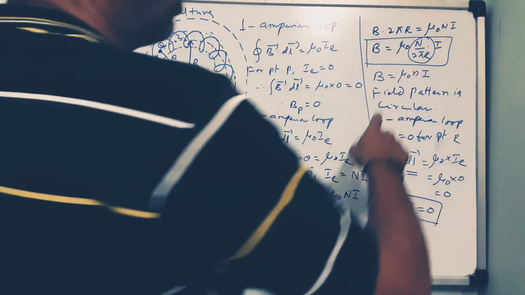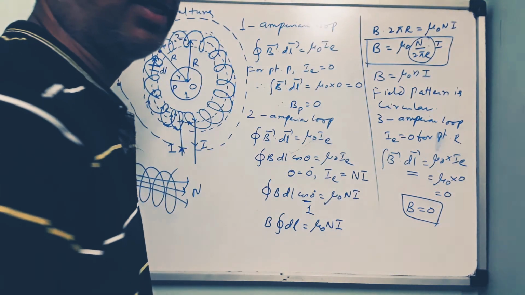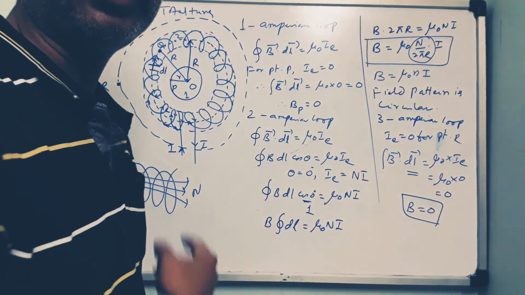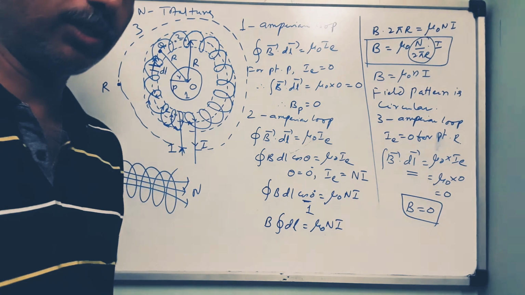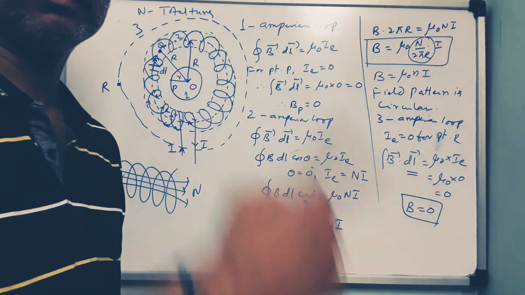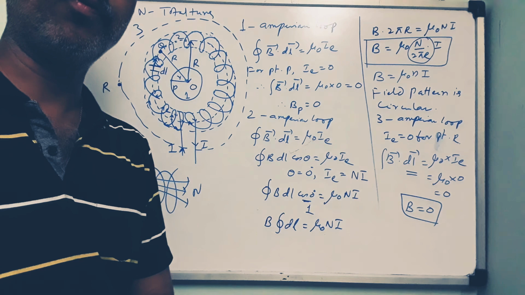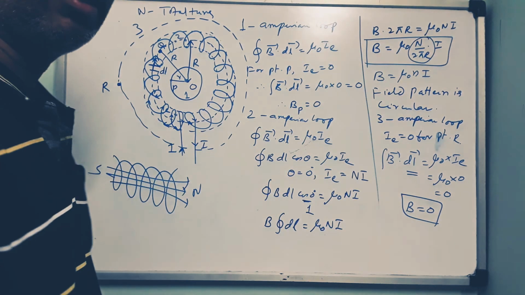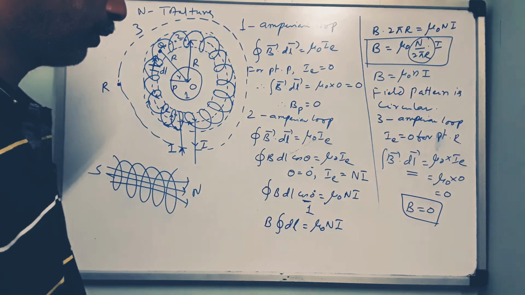How much? B equals mu naught into N into I. What is N? Capital N by 2 pi R. So this is also going to be a uniform magnetic field, but its direction is circular. Whereas a straight solenoid will produce a linear magnetic field. This produces a circular magnetic field. Clear? So this is about the toroid. Fine.